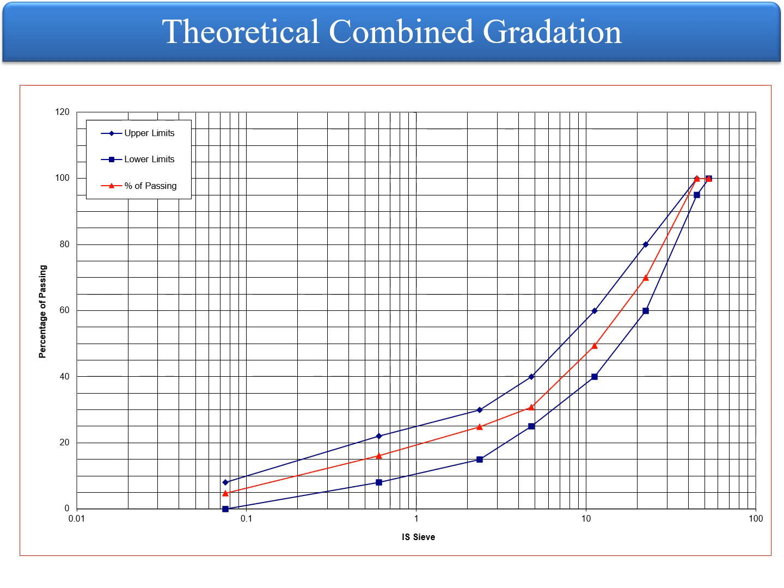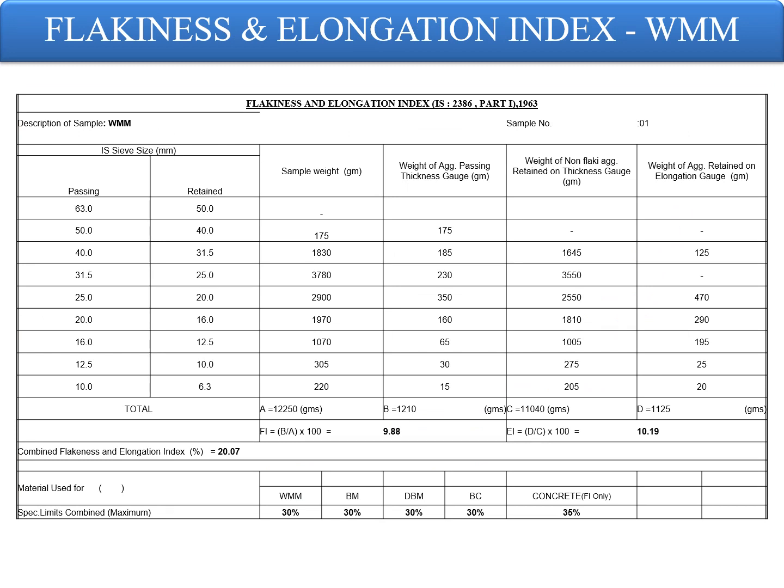All these things will be explained in detail when we discuss using the Excel sheets. Similarly, the wet mix has to be checked for flakiness and elongation index. In this particular case also, we have a total combined flakiness and elongation value of 20.07, which is less than 30 for the WMM mix. So hence it can be.